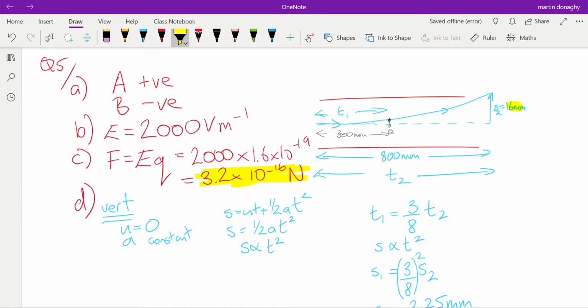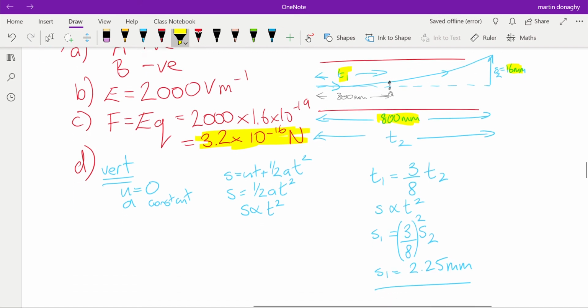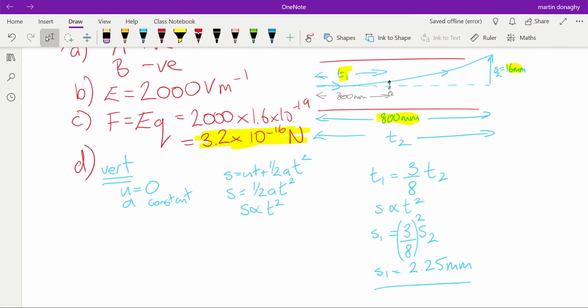Using that time and this distance, you can then work out the horizontal component of velocity. Using that, you can then work out what T1 is, and if you know that time and the acceleration, you can then work out S1 using S equals ut plus a half at squared vertically. It takes you way more time. It's much easier doing this question using proportionality than doing all those equations.